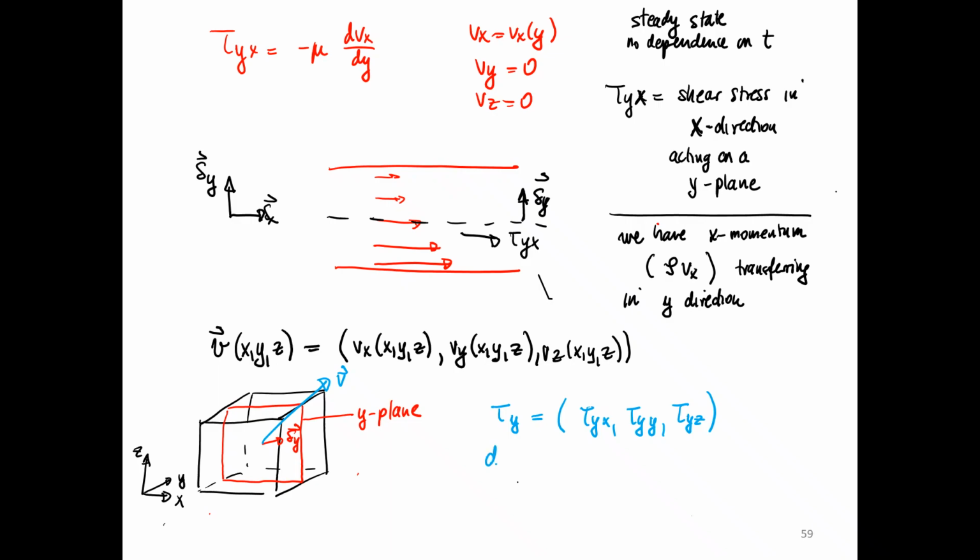So this describes rho Vx, rho Vy, and rho Vz transfer across y plane.